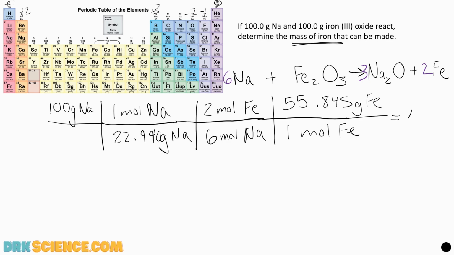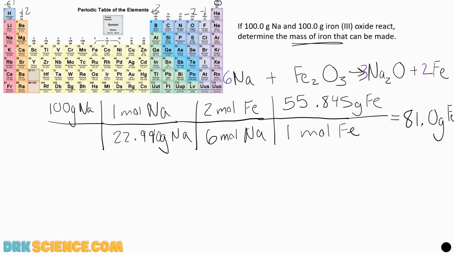What we get is 80 point, and we'll do 3 significant figures. So this will actually be 81.0 because it's 80.96. So we get 81.0 grams of iron. Now, this is for what our 100 grams of sodium can produce.